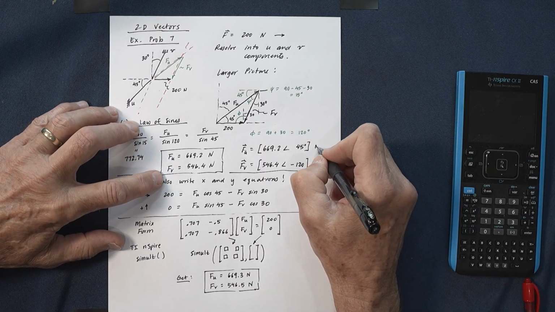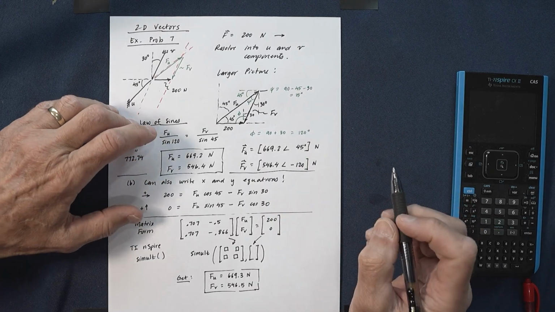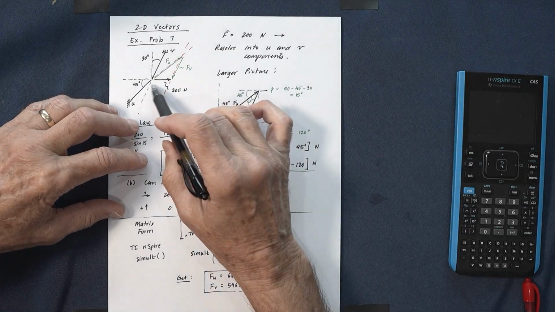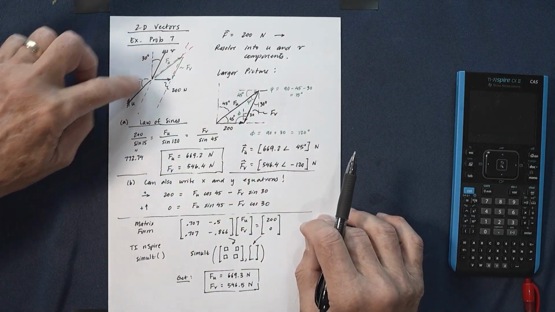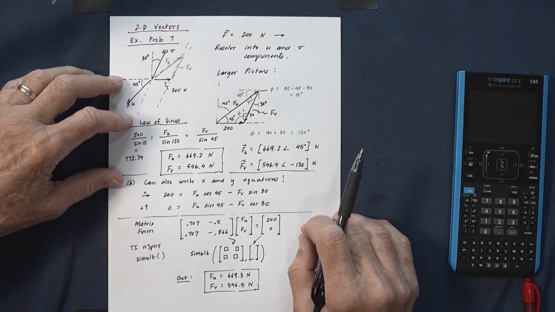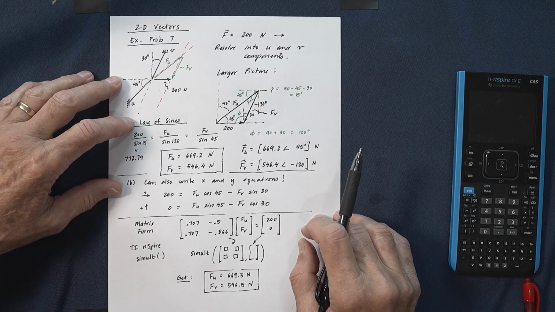And those are newtons. So these two vectors are the components of this 200 that act along these struts. Again, we're just building your toolkit, building your skills.